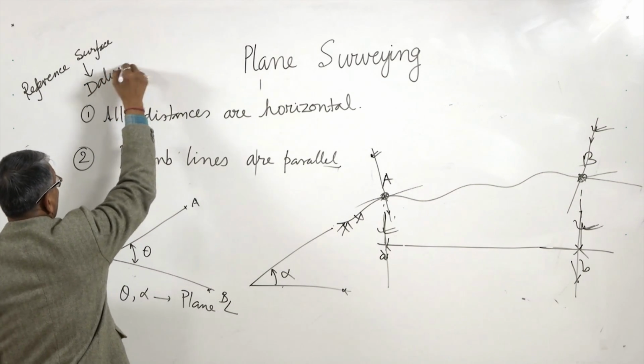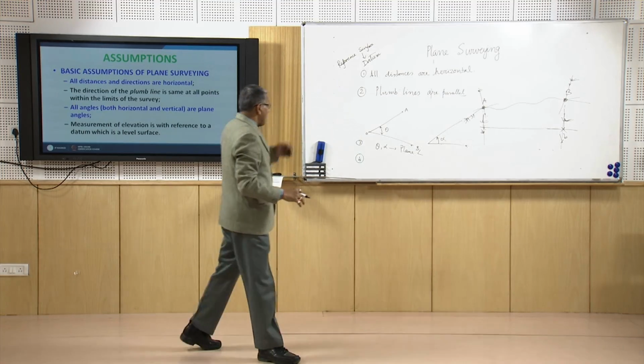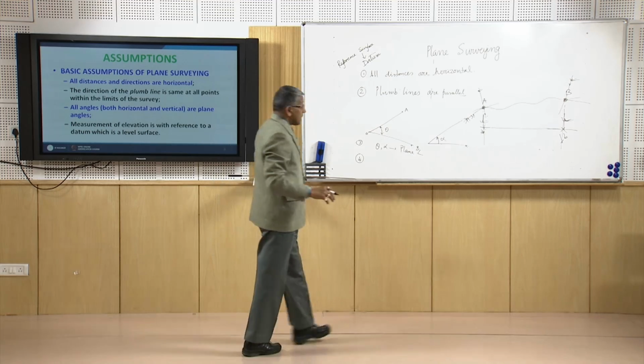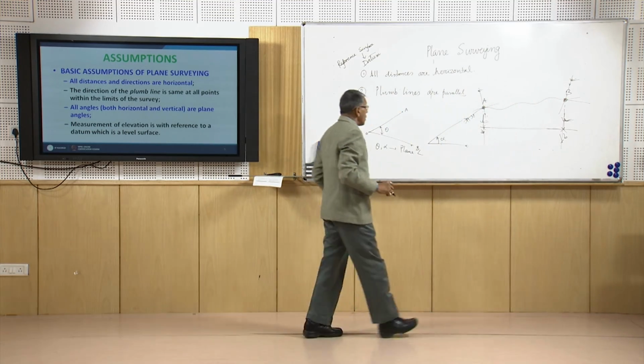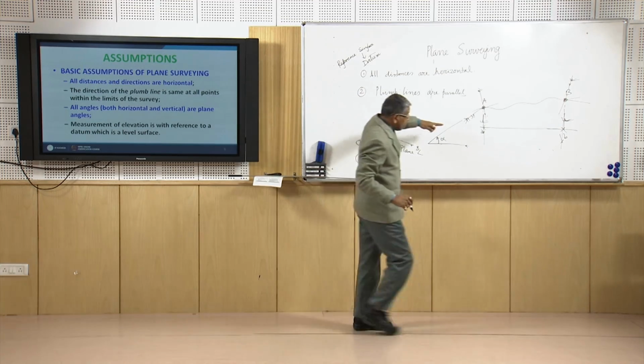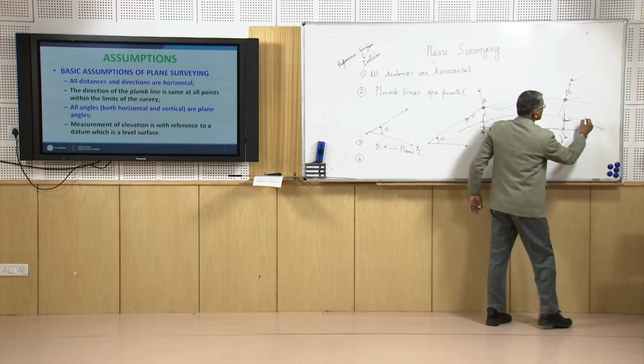Datum means it is a reference surface with respect to which we measure the height. Now in plane surveying, to find out the height of these points, we take not a horizontal surface, but a level surface.